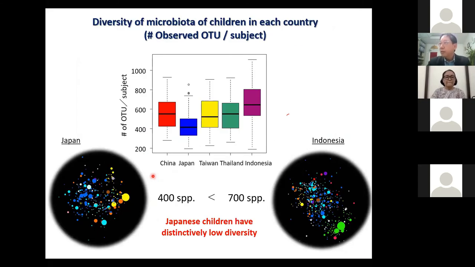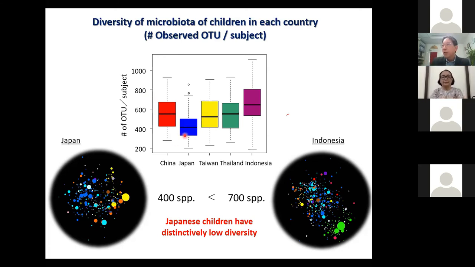And actually the Japanese children and Indonesian children are very contrasted. This is the diversity, the number of species detected in each child.